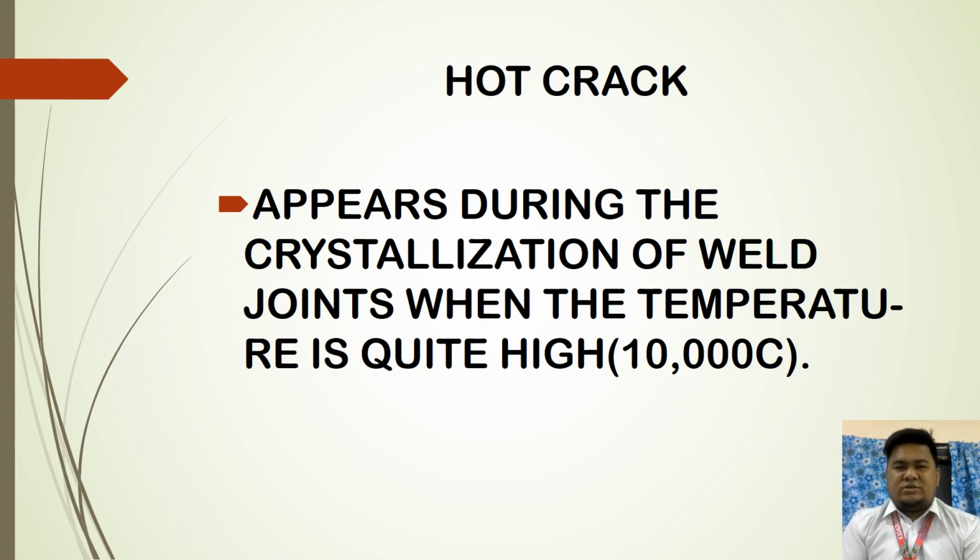First is the hot crack. Hot crack appears during the crystallization of weld joints when the temperature is quite high. The temperature of the hot crack may be around 10,000 Celsius.